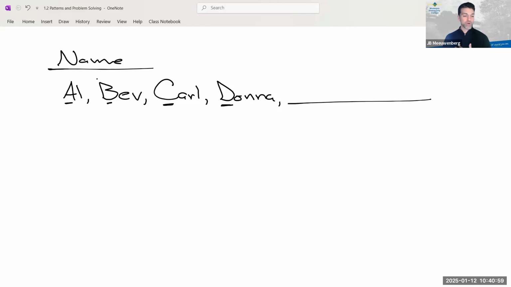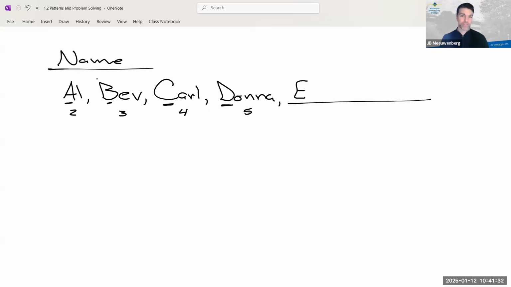And so I said, well, the next one has to start with an E. But then I also noticed that the names got a little bit longer. The first name has 2 letters, the next has 3, the next has 4, and the next has 5. So you could come up with some 5-letter name that starts with E.